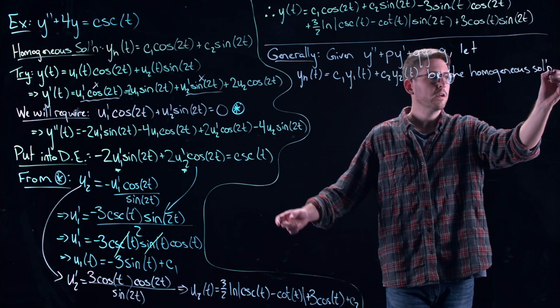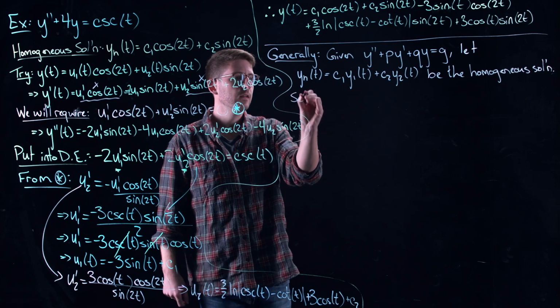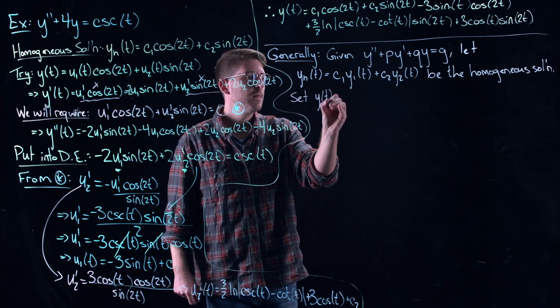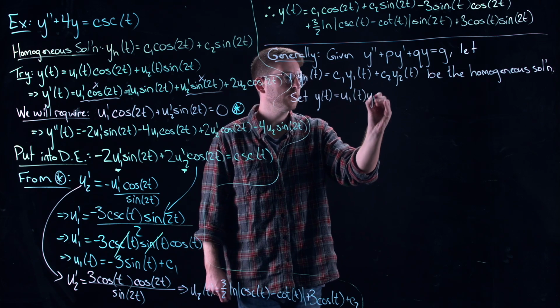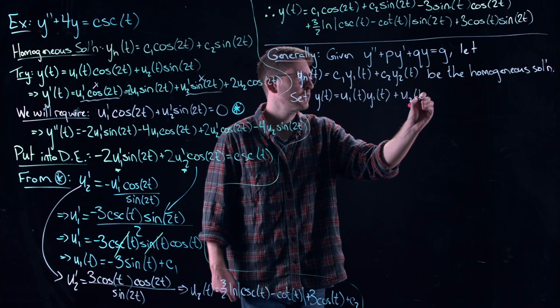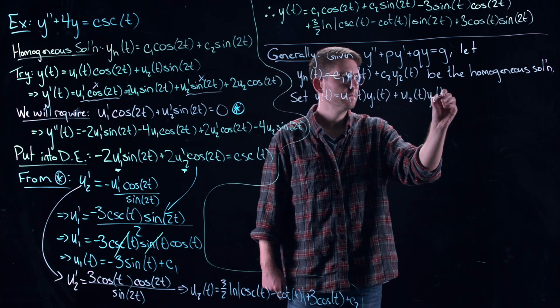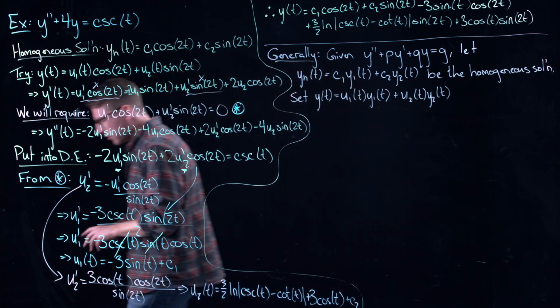Then, following exactly what we did, so homogeneous part, then we can set y of t equal to u1 of t y1 of t plus u2 of t y2 of t. And I'm going to emphasize this.